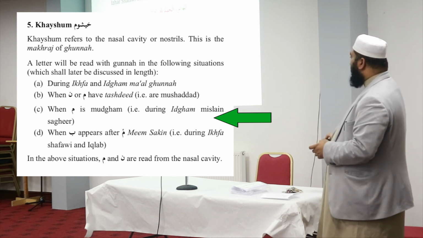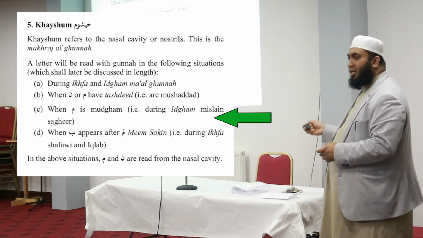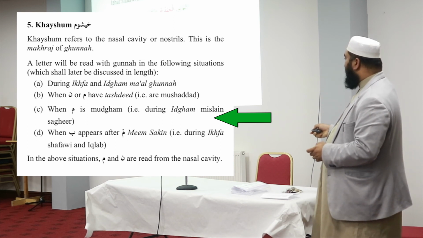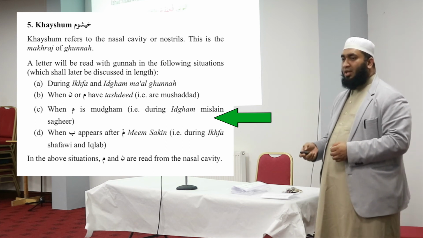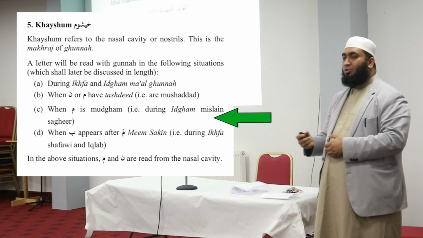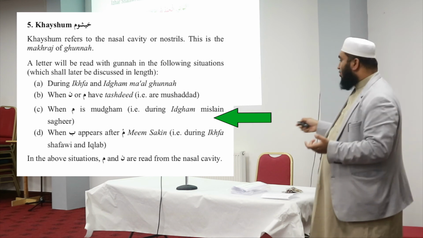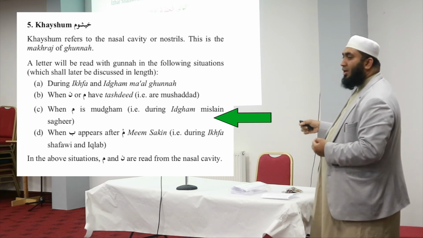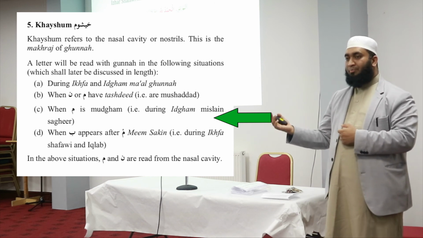Here, we put a Mim Sakin followed by a Mim. In the rule of Idgham, the letter which merges is called Mudgham. So here Mim Sakin is merging into the next Mim, so the first Mim will be called Mudgham.